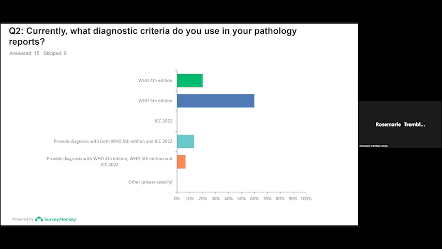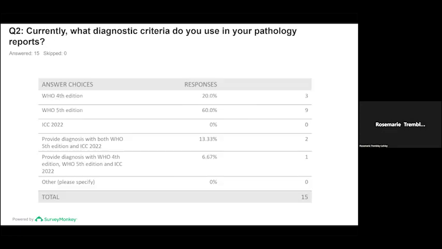Nobody uses the ICC only. 13% give both the WHO 5th edition and the ICC 2022, and 7% will give the 4th edition, 5th edition, and the ICC. It's interesting to see that we're in a time of change, and there's a bit of variability in how people have adapted so far to these new classifications.